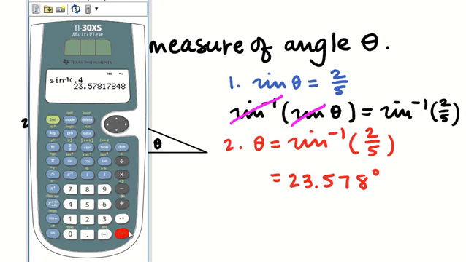Okay, that's how we're going to do it. Really important to remember that you need to make sure your calculator is in degree mode for this. Otherwise you would be pulling back some number of radians. We don't know what radians are yet, so that wouldn't be good for us. And I think in this class we're going to want to round to 3 decimals. I think that's what the instructions are on the quizzes.